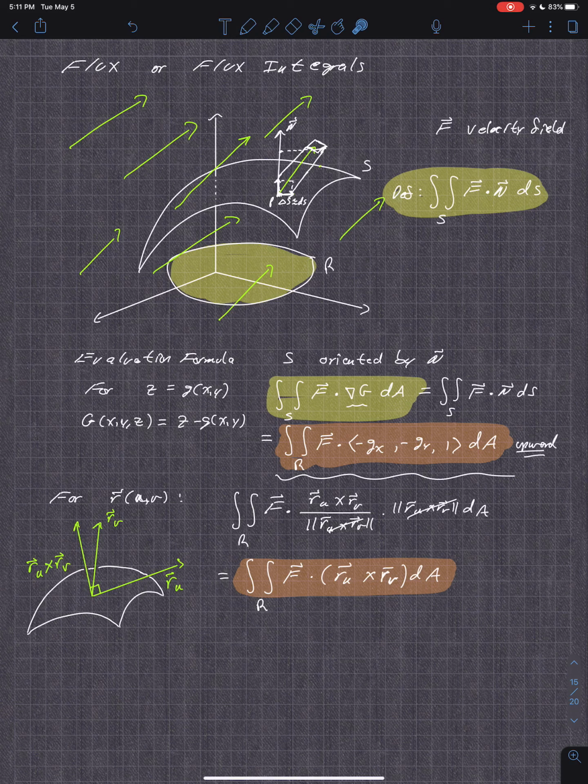So when you do this, dS is this little patch, and then here's your vector. And then you're basically calculating the volume of this prism when you do that calculation. Okay, so that was very brief. So look that up more and look up flux or flux integral.